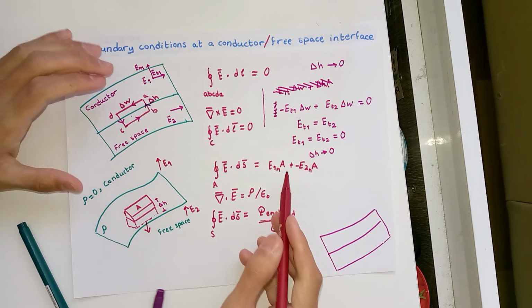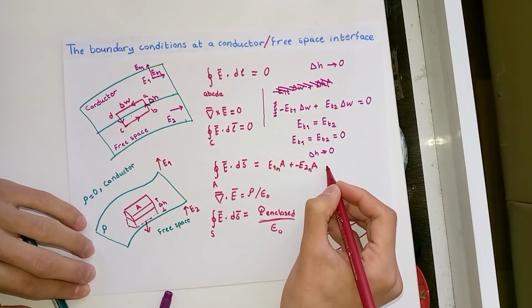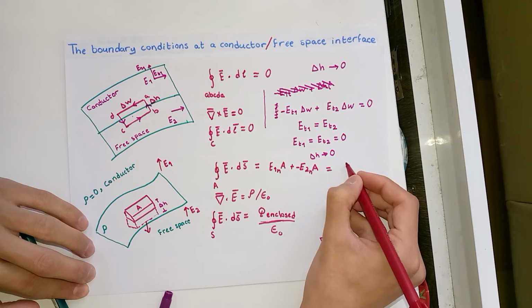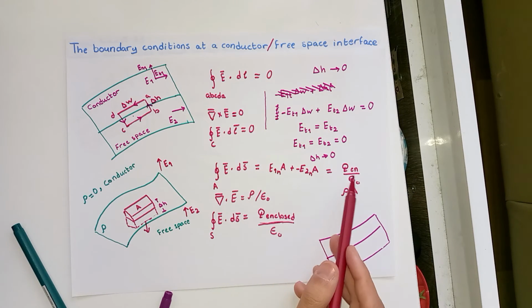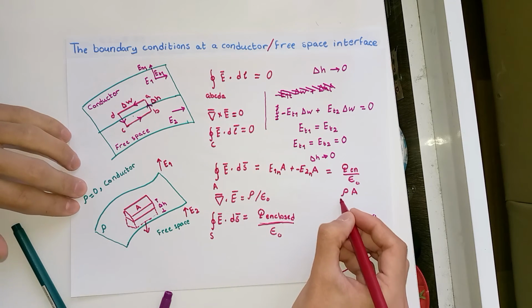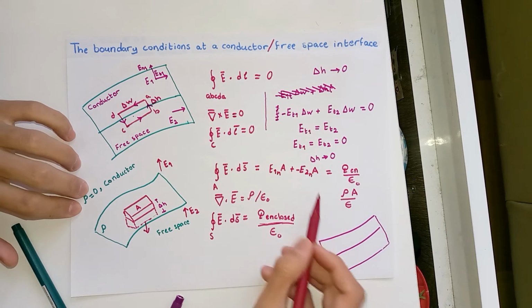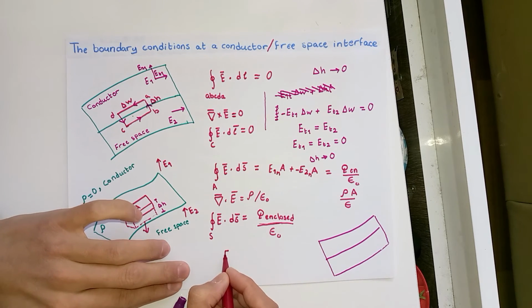Let's continue this equality. We said that this equals the charge enclosed divided by epsilon. I mean, the charge enclosed in this pillbox is equal to the charge density of the conductor times the area of this pillbox, divided by epsilon. And due to this, A is going to be cancelled from both sides.